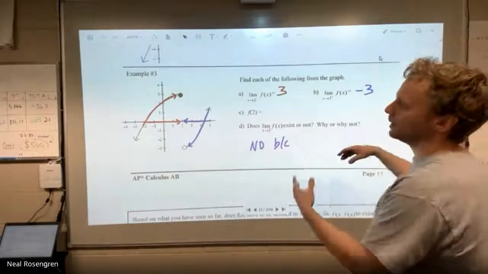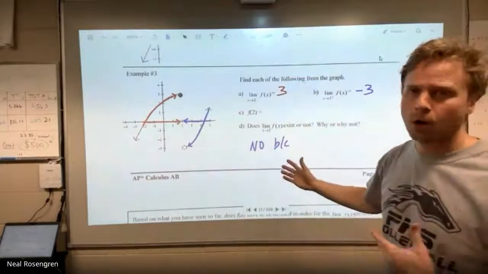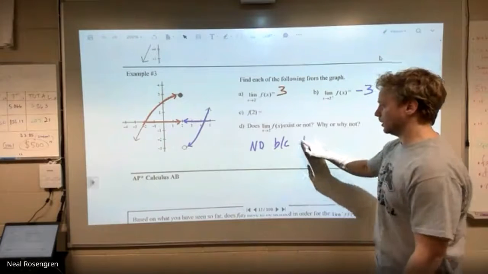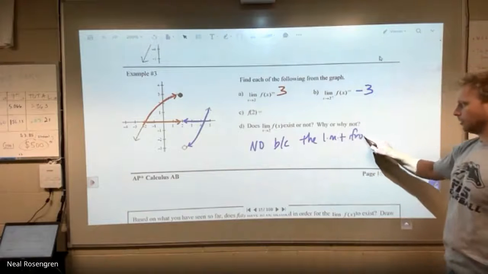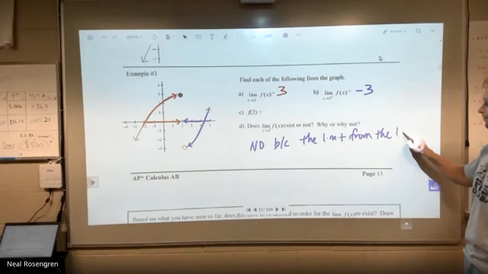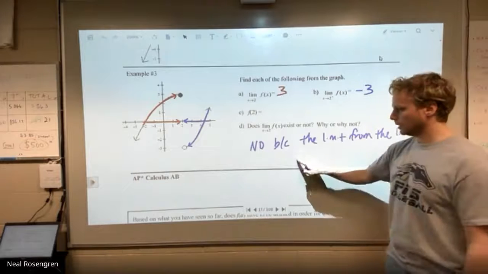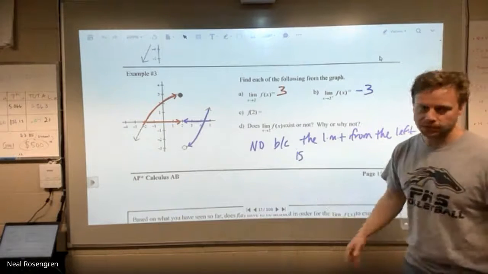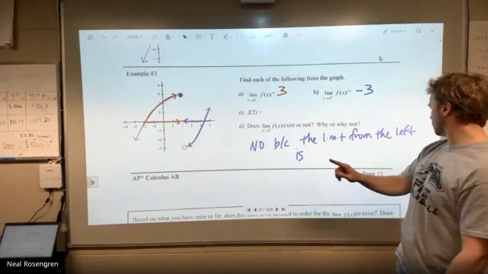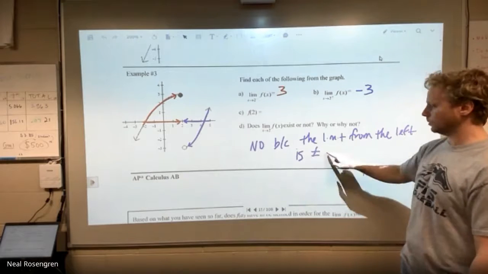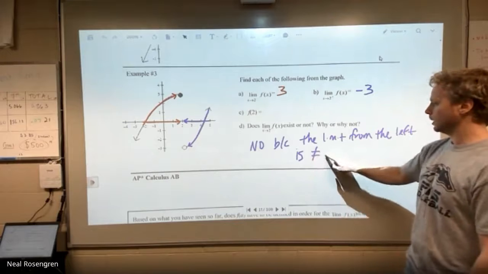And you can write it in symbols like we did last time, or you can just write it in words, because the limit from the left is not the same, is different, is not equal to the limit from the right.